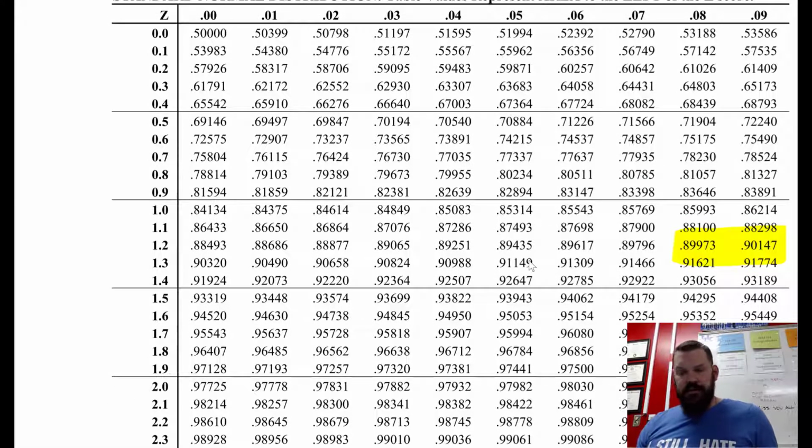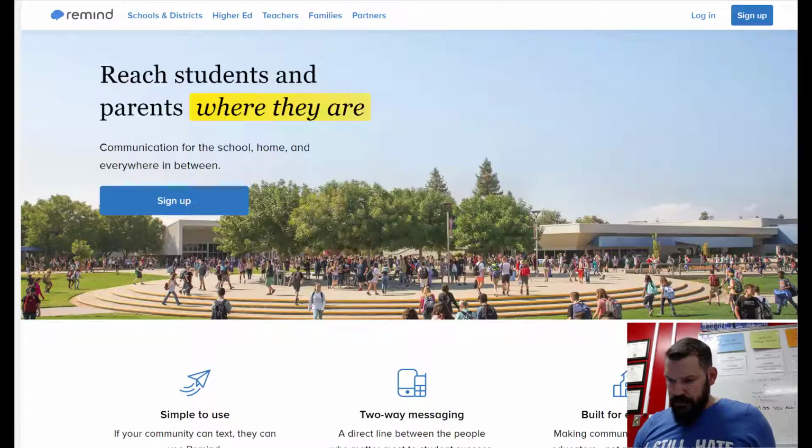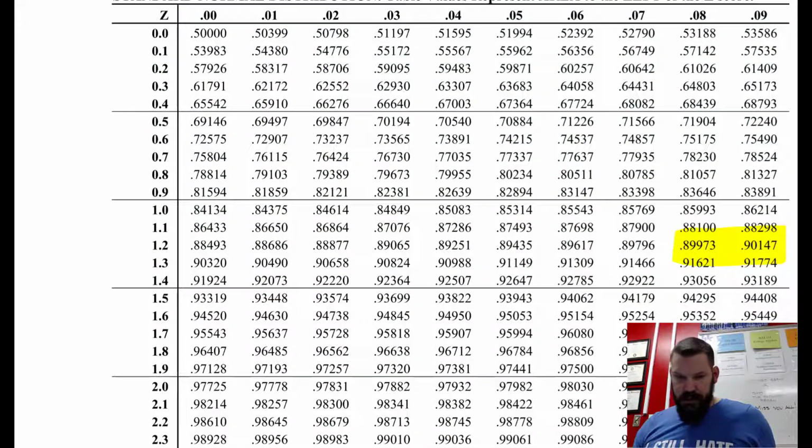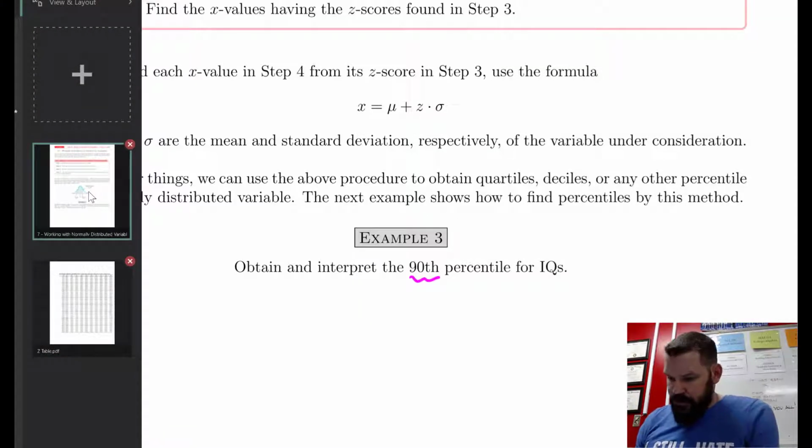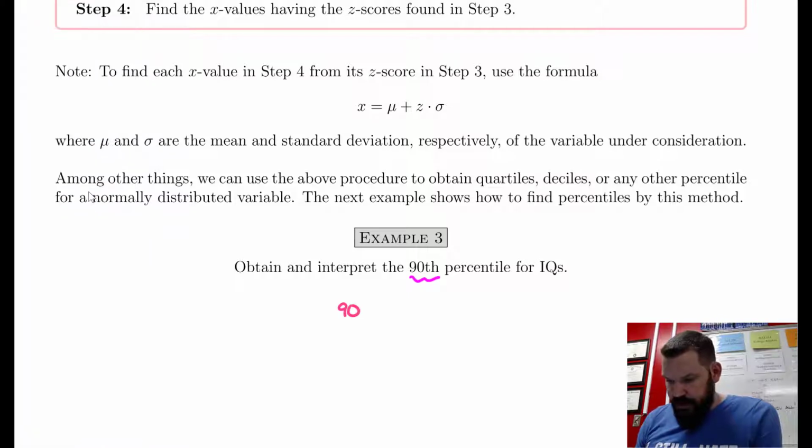So let's split the difference, and we'll say the z-score is 1.285. Clicked on the wrong thing again. So 1.285 is our z-score. The 90th percentile, in case you were wondering, is equal to 0.90, which corresponds to 1.285. That is our z-score.